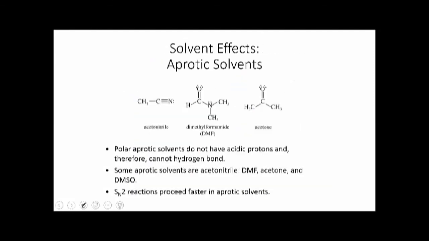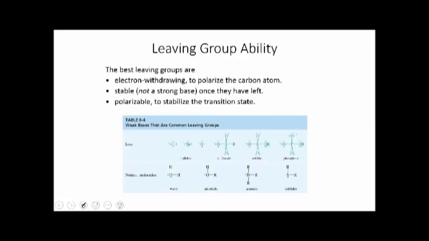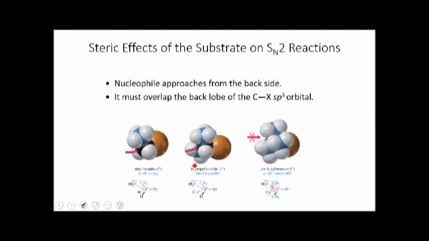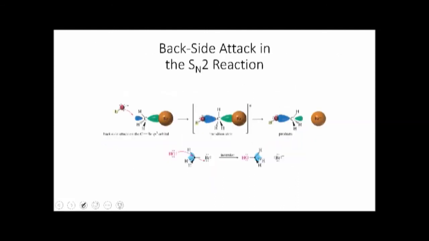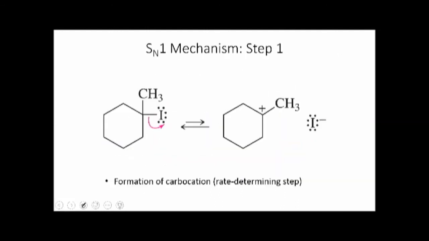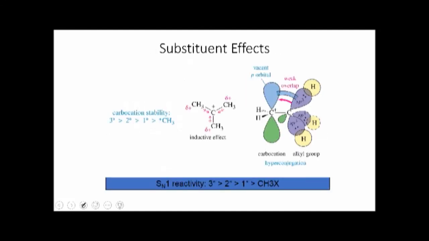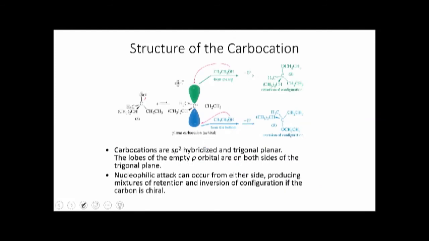You may read about this as well as leaving group ability. This is something that I want you to read over. Backside attack, SN1. These are the mechanisms, again something that I will explain to you in the live session, inshallah.